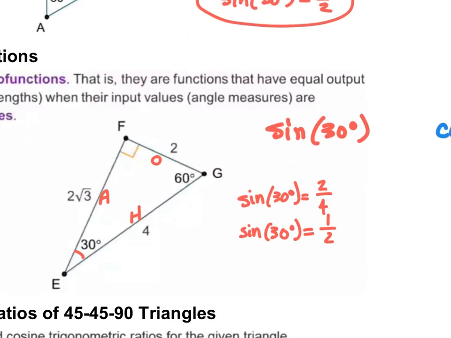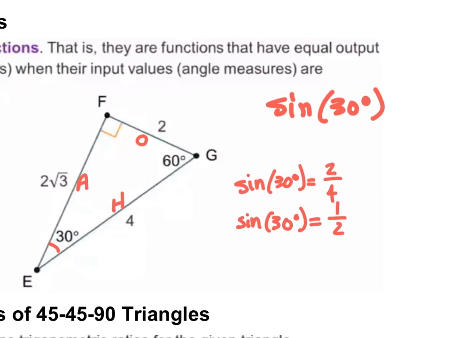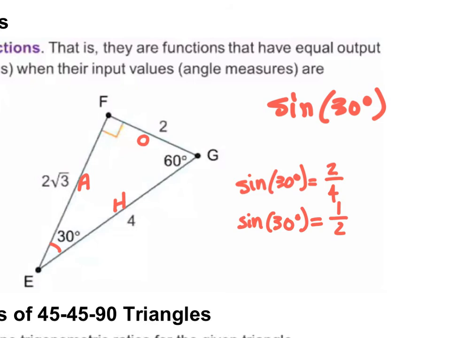Now over here, let's do the same thing, but for cosine of 60 degrees. These change up a little bit. Given this is my 60-degree angle, now this is my opposite side, this is my adjacent side, and now I have my hypotenuse.